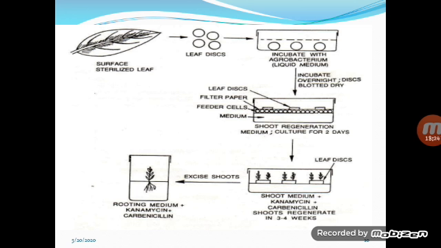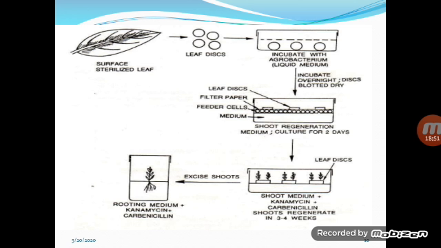Like in the fourth image, there is the leaf disc and filter paper below the leaf disc. Next are the feeder cells. Feeder cells are actually Agrobacterium cells, and the medium used below is shoot regeneration medium.